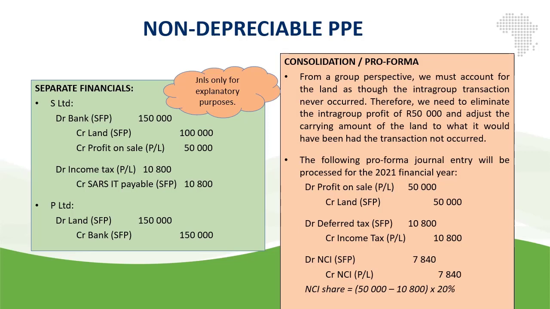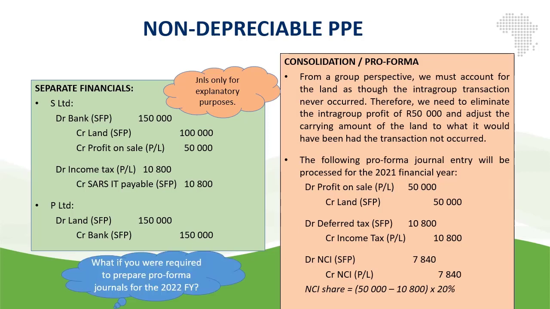To calculate the effect on non-controlling interest, we take that profit of 50,000 less the tax effect of 10,800 and we multiply that by the NCI's percentage shareholding of 20%. That gives us an amount of 7,840 and we debit our NCI with that amount to reduce our NCI, because we've reduced the profits of the subsidiary, so the NCI must also be reduced, and we credit our NCI P&L because this is a transaction that happened in the current year.